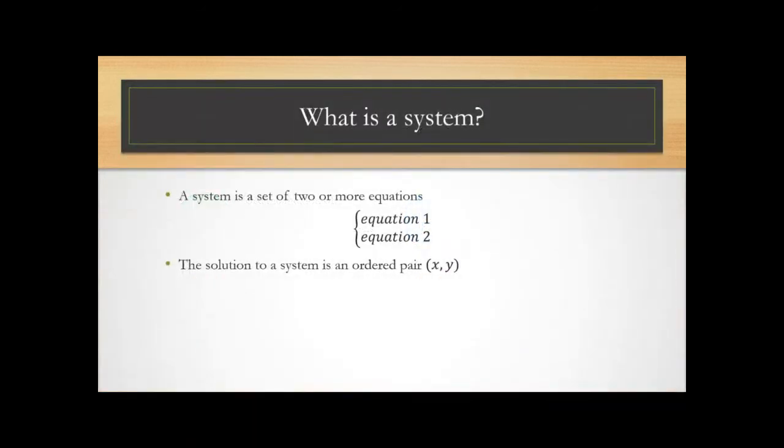So I'm going to just start with the basics, just to introduce what a system is. And just as a side note, a system of equations is also called a simultaneous system, or simultaneous equations.